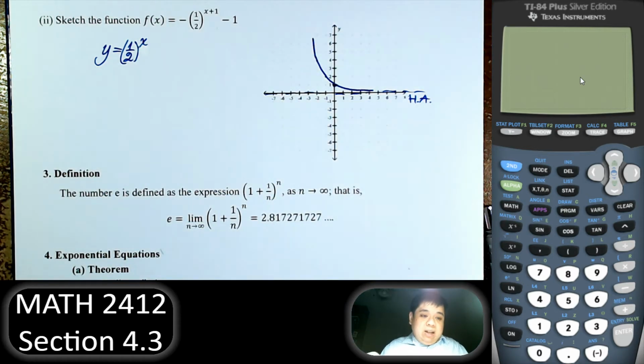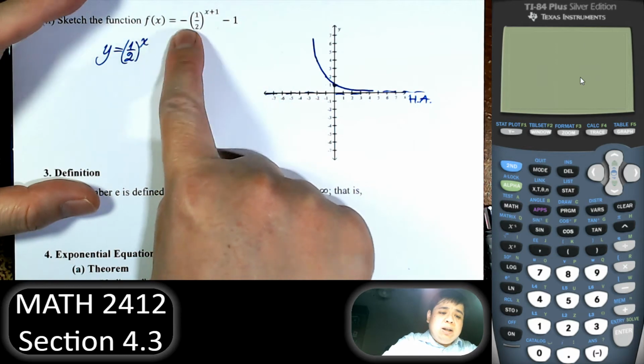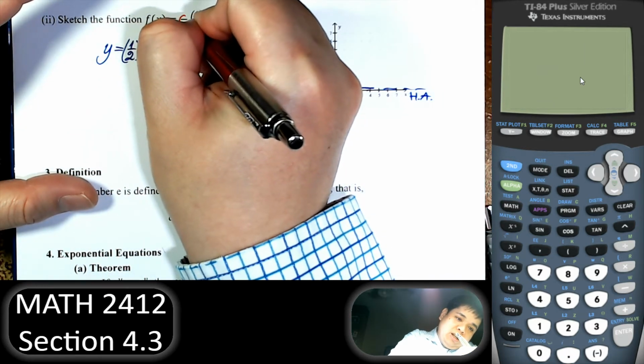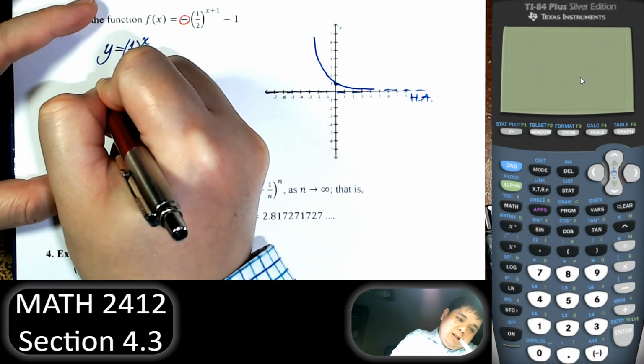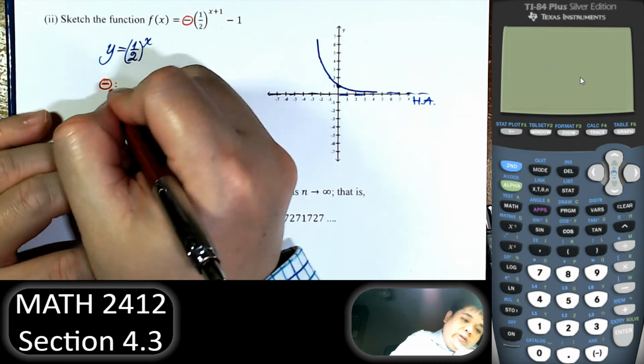Now what we have in addition to that, +1, -1, and with the negative sign here. So this negative sign is the vertical reflection.